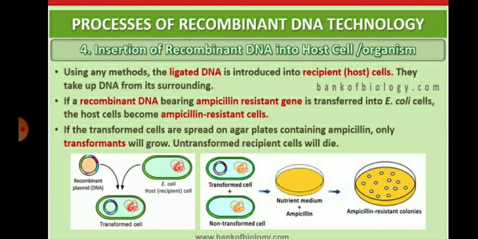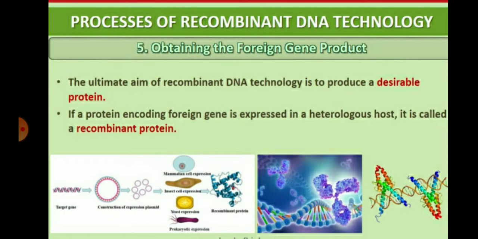They take up the DNA from their surroundings, and if a recombinant DNA bearing the ampicillin resistance gene is transferred into Escherichia coli cells, the host cells become ampicillin resistant. And if the transformed cells are spread on agar plates containing ampicillin, only the transformants will grow, and the untransformed recipient cells will die because they are not resistant.